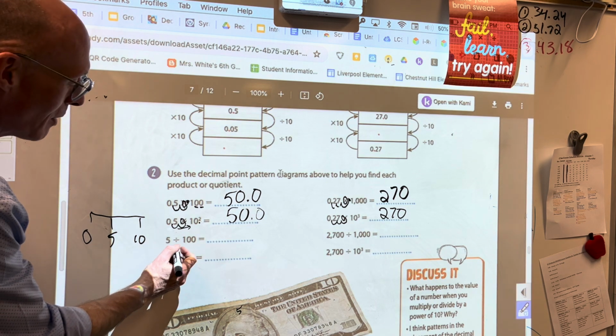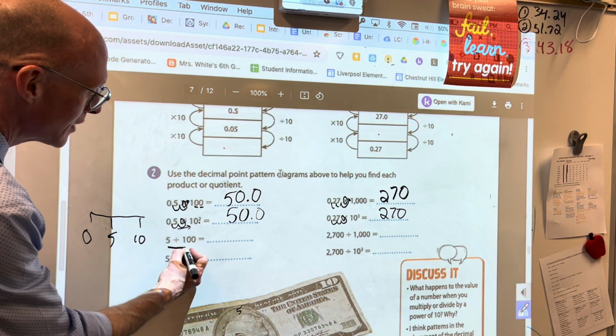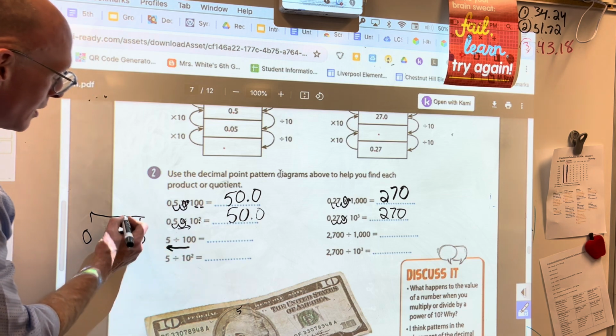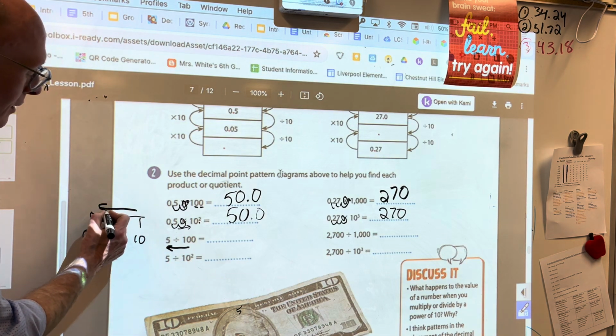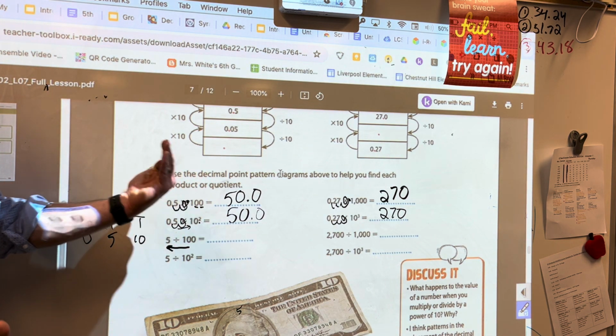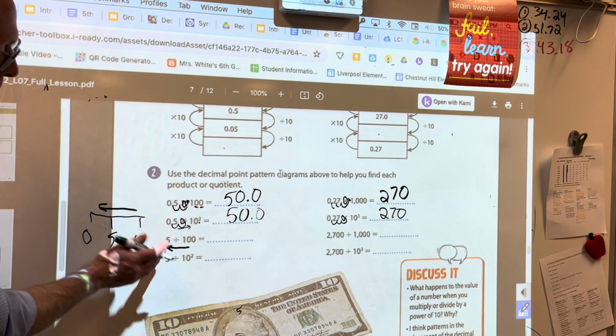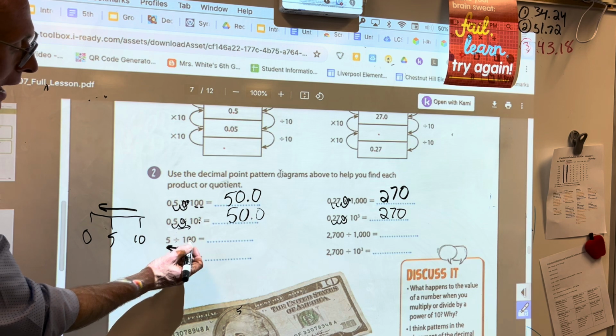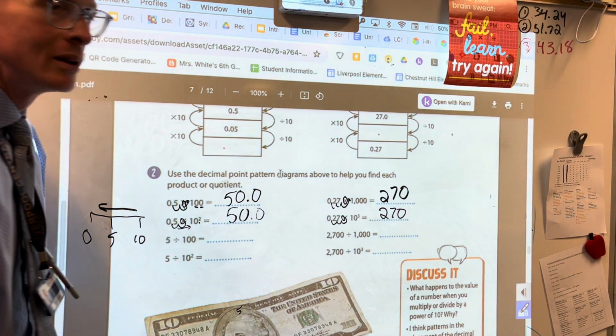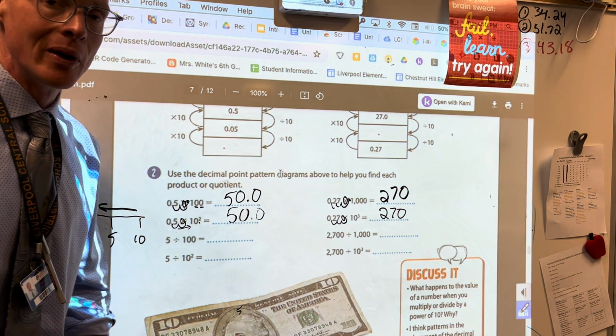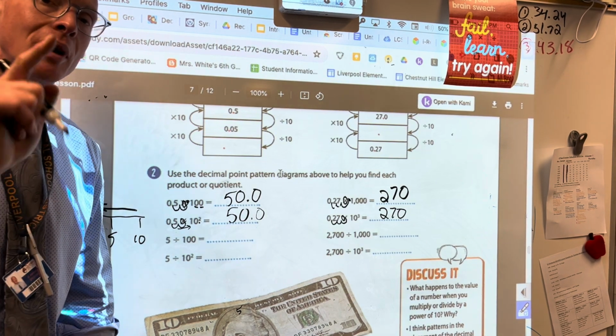So this time, because we're dividing, we're going to move the decimal the opposite direction. We're going to go down the number line. We're going to get smaller, smaller, which means we go to the left. So with this one here, 5 divided by 100. Uh-oh, I don't see a decimal point. Remember, every number has a decimal point.